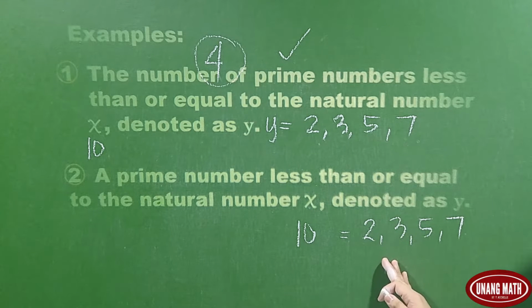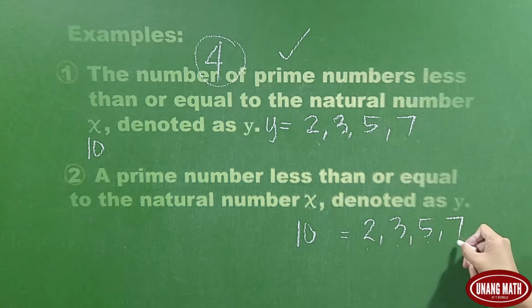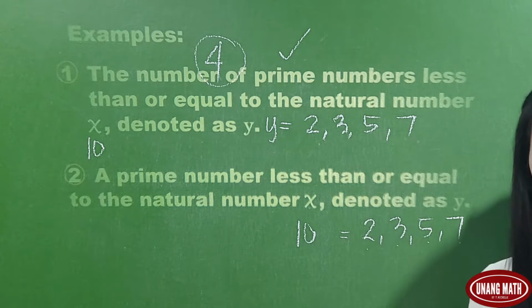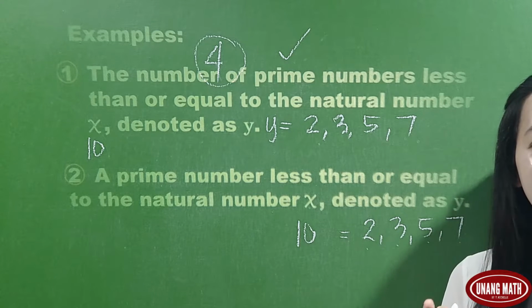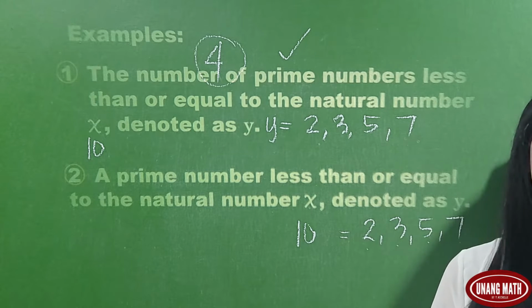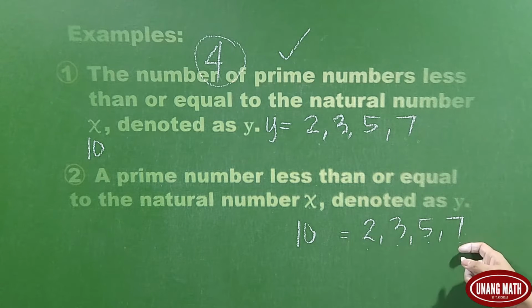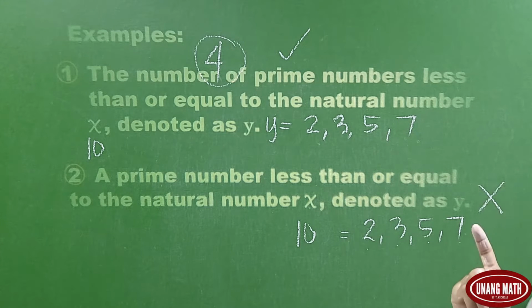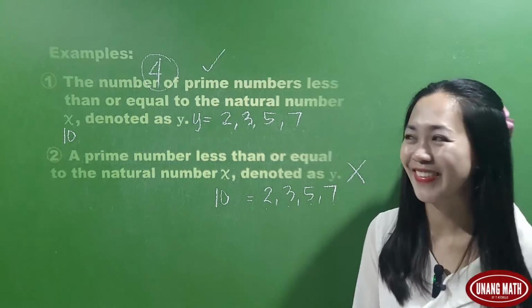Is this a function or not? The answer is no, because we have here 4 numbers. Remember, if it's a function, then the output is just a unique value, or just a single number. But we have 4 numbers here. So this is not an example of a function.